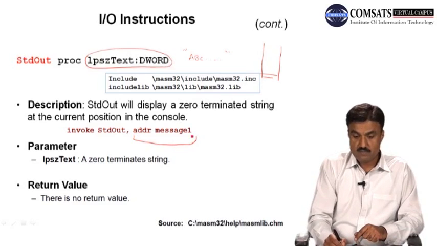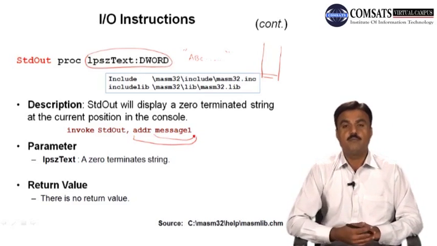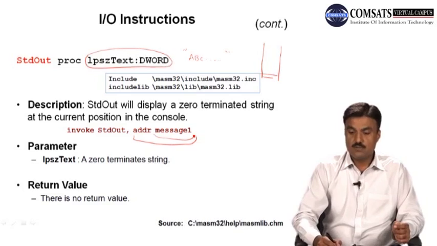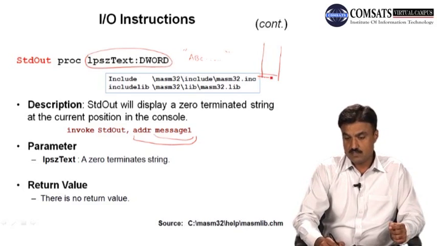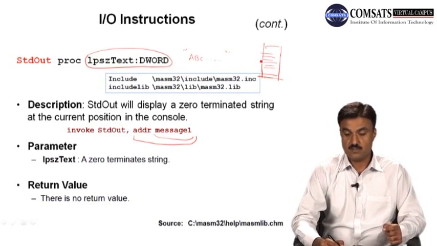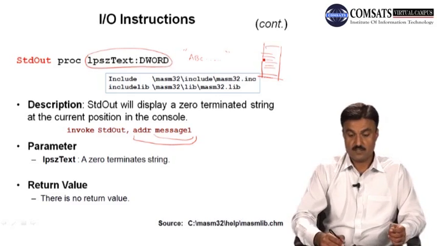For example, there is an address message 1. Message 1 is the name of the buffer area or the string. It starts from here, and there is a size, for example 100 bytes, 200 bytes, 20 bytes, 30 bytes and so on.